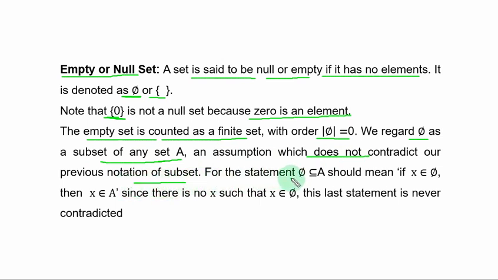For the statement, the empty set is a subset of A should mean if S is a member of the empty set, then S is a member of A. Since there is no S such that S is a member of the empty set, this last statement is never contradicted.